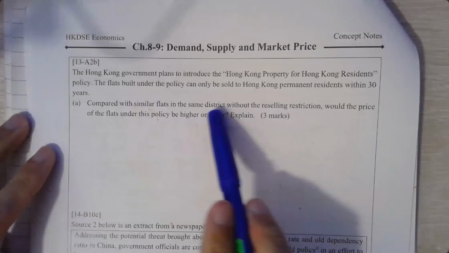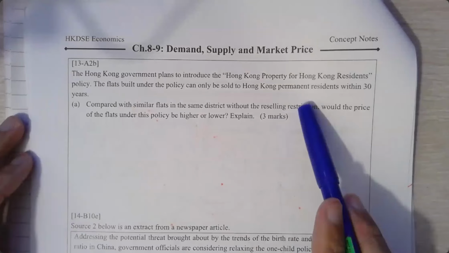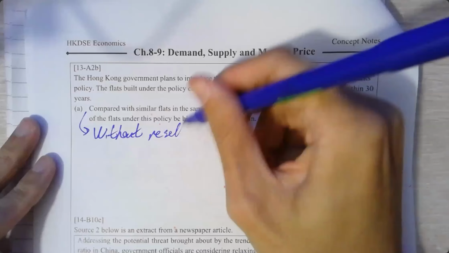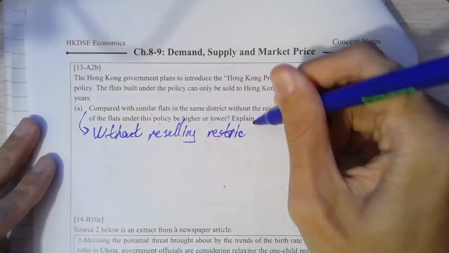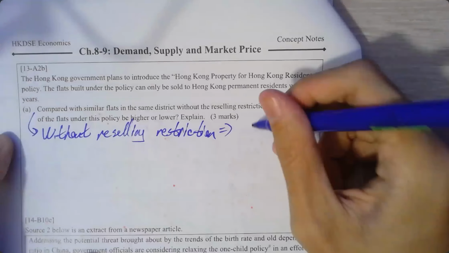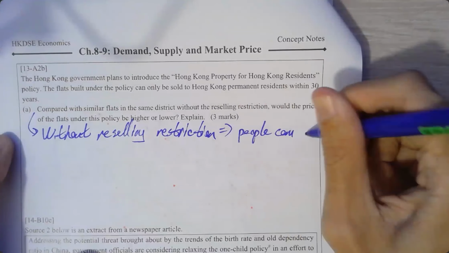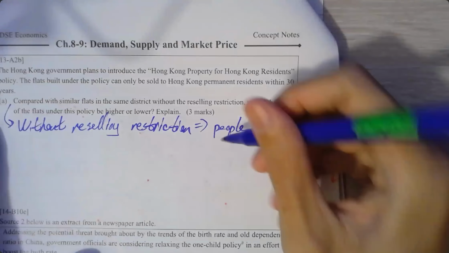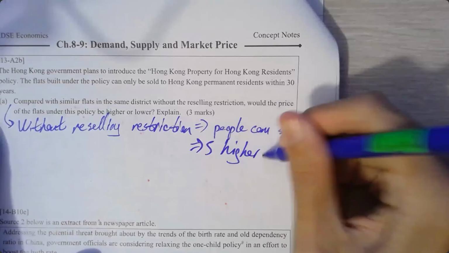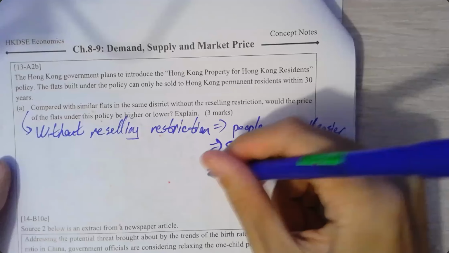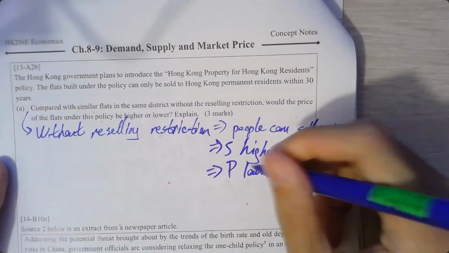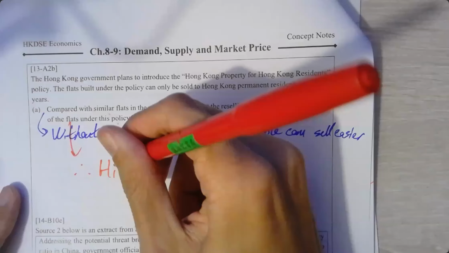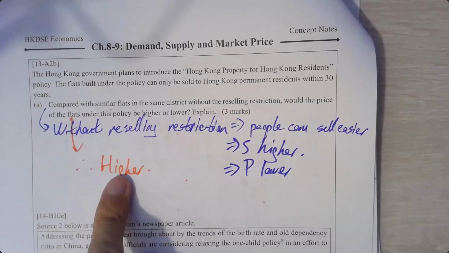Okay, explain. 我哋睇睇啦。Without reselling restriction, 即係咩意思啊？冇呢啲 restriction 咧，boys，people can sell, 可以賣出嚟啊嘛。Easy 啲 sell 出嚟即係，their supply would be higher, so those houses, the price would be lower。OK. Therefore, these flats under this policy probably would have a higher price because the supply, you cannot resell it, right?